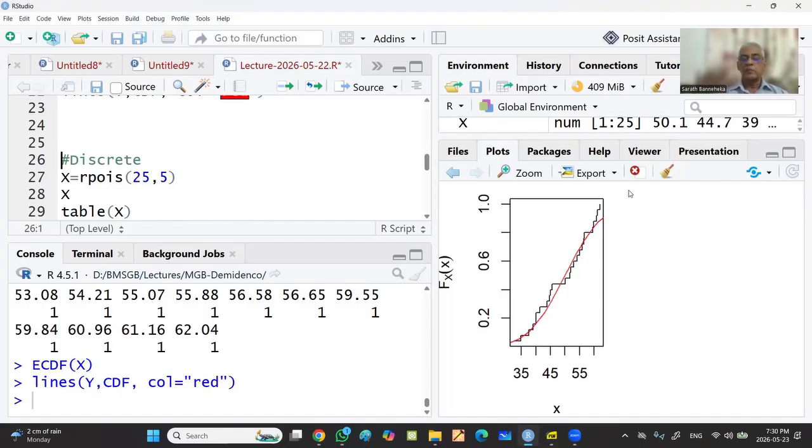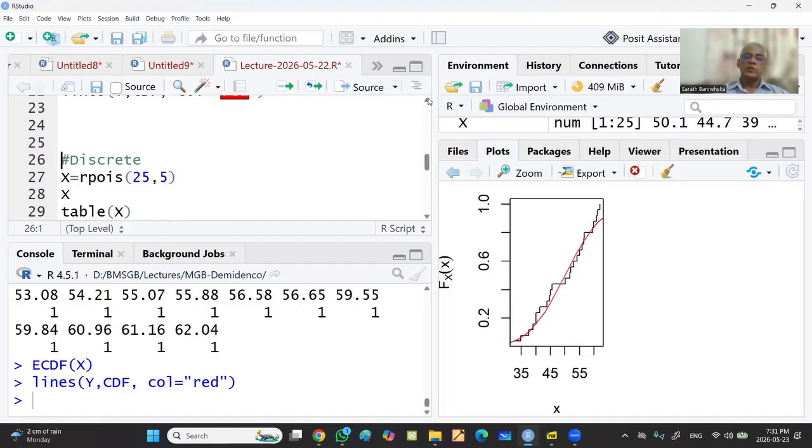At some points the ECDF is above the actual value, and at some points it is below, but you can see that it is around the actual CDF function. Therefore, this black step function can be considered as one possible estimate of this red curve. This is coming from the particular data set I have obtained from this normal distribution.